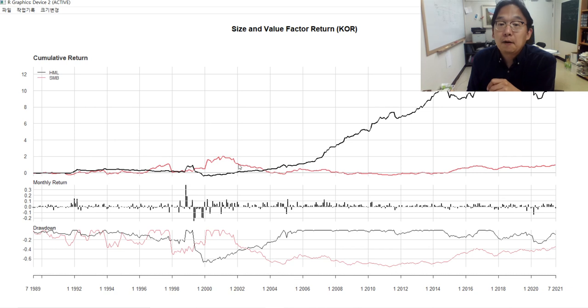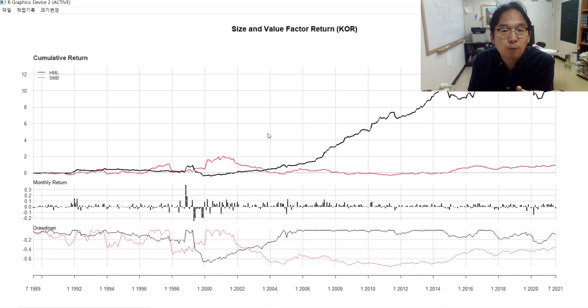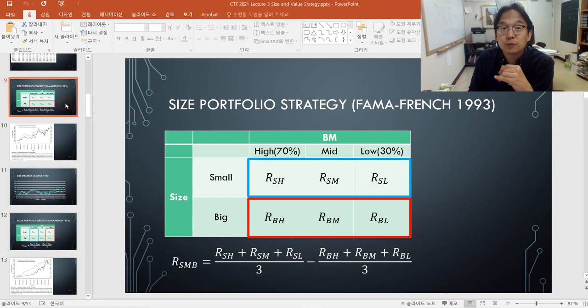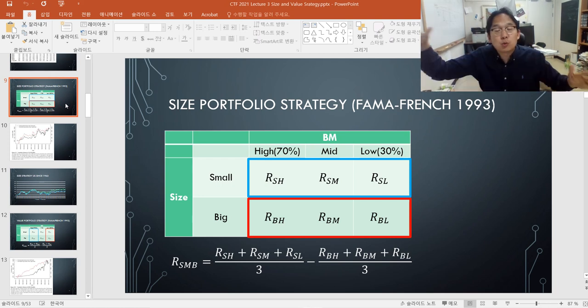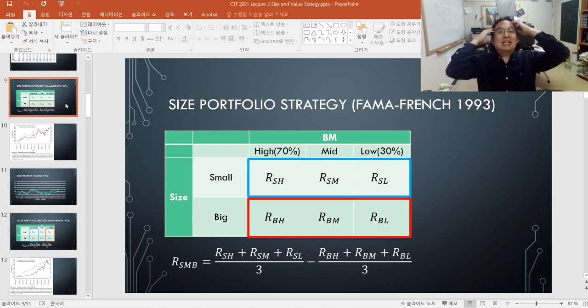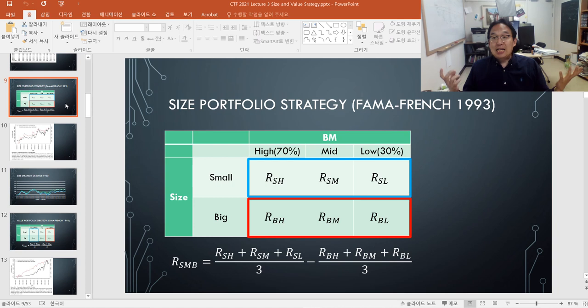And then how do we do that using Korean data? There are some warning points that I have to make. Easier said than done. First of all, the size and value based portfolio sorting, we have to do a double sort. First, sort by size, small all the way down to big, thousands of stocks every year, based on market cap.